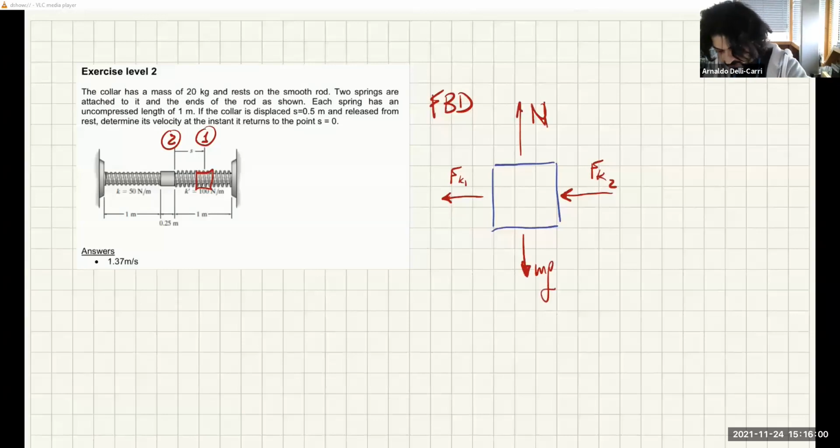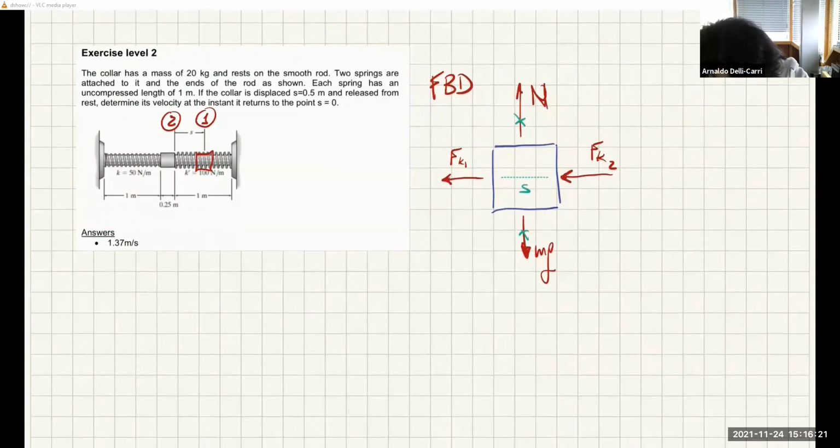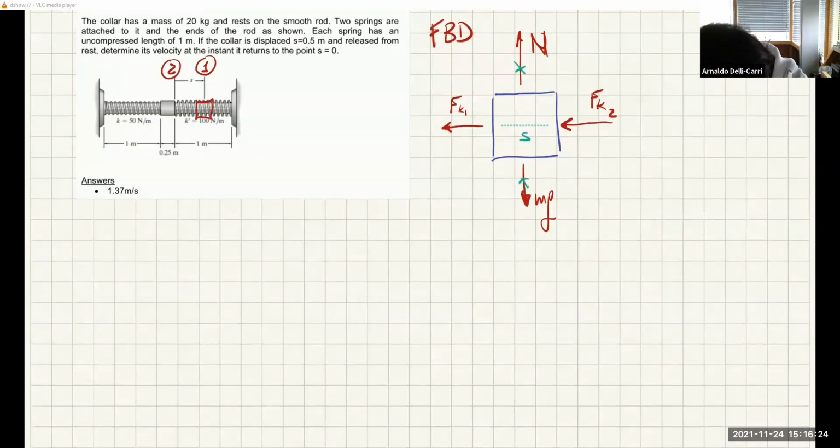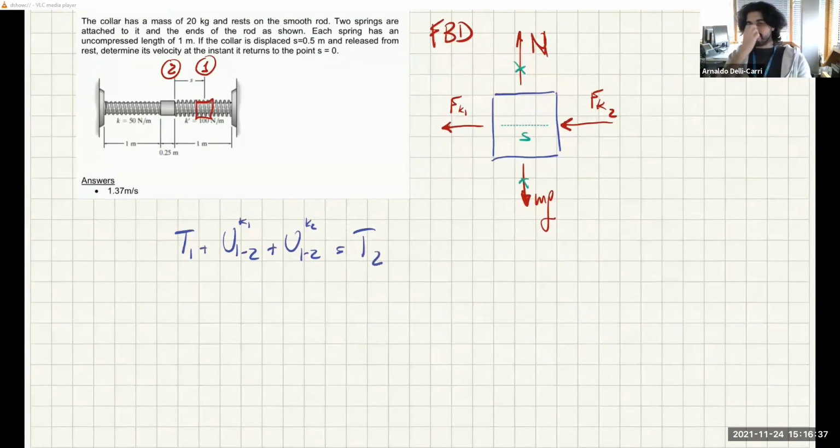Okay, so the only forces that are working are these ones, because the displacement S is horizontal. Therefore, these forces are not working. We just have to do this very carefully. So for the principle of work and energy, T1 plus U12 of spring 1 plus U12 of spring 2, because that's what we have, equals T2.